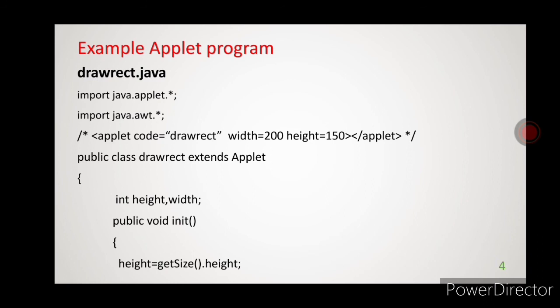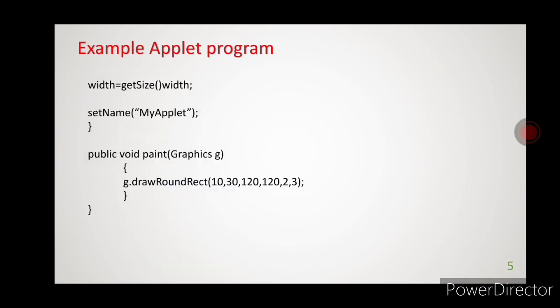Whatever class name we specify in the applet tag in the code part, that class is loaded by the JVM automatically when we execute an applet, and it will start its execution by using an applet viewer or a browser.